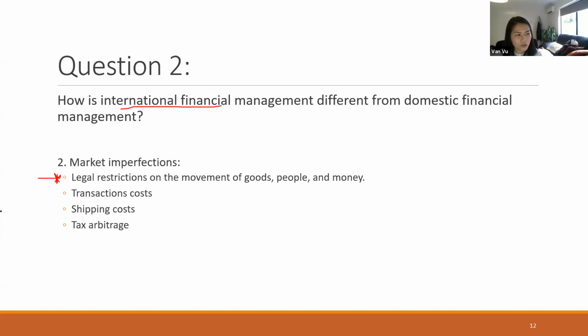Second, restrictions on goods or people. So we talk about something like immigration law. If I want to attract foreign talent, I need to check whether the regulations in my country actually allow foreign immigration.